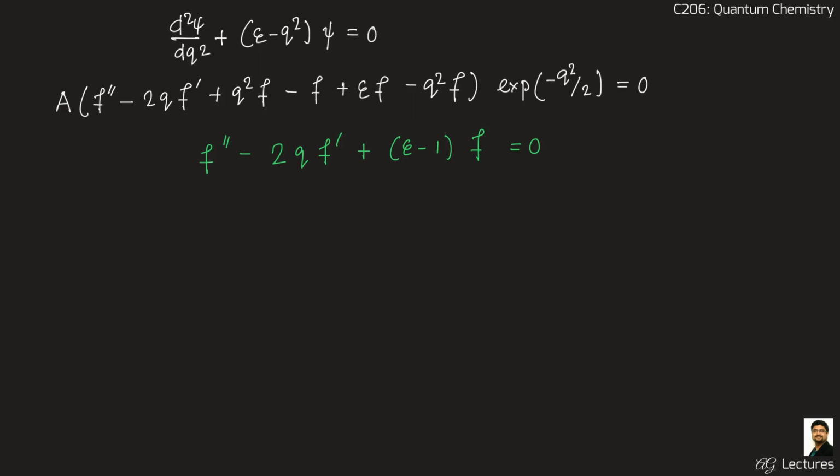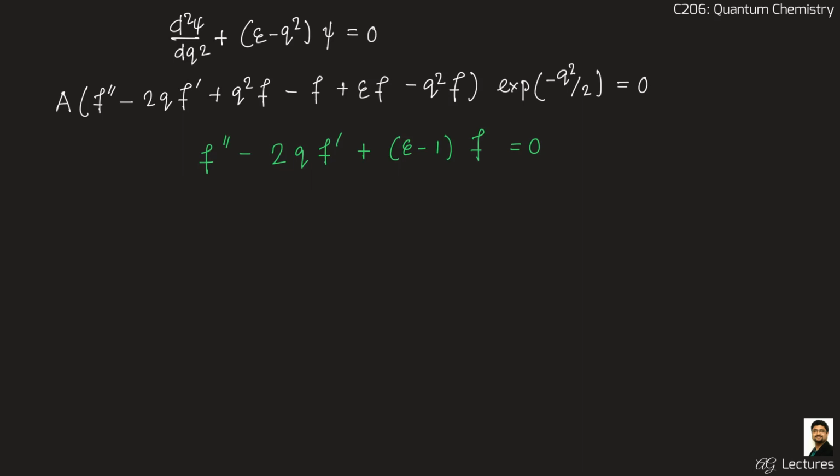It will need a particular type of solution called the power series solution, and the reason we need a power series solution is that we have the q over here. That means the coefficients are not constant, but the coefficient has the variable itself, and that's the reason we cannot solve it easily.